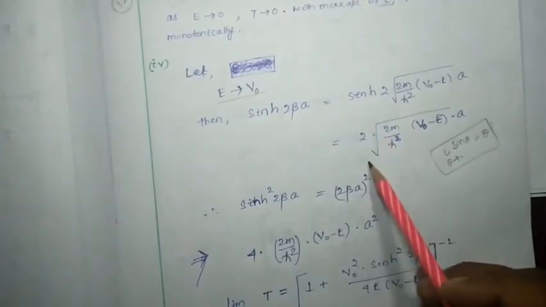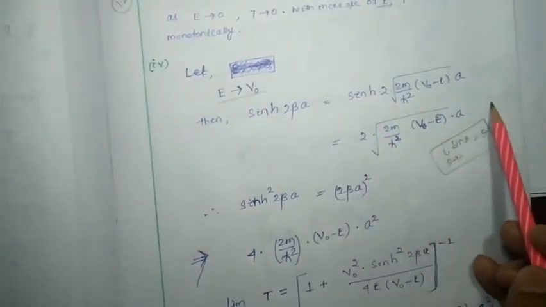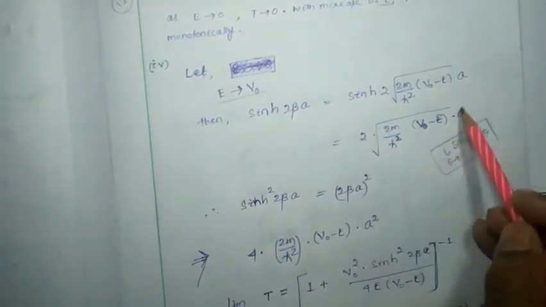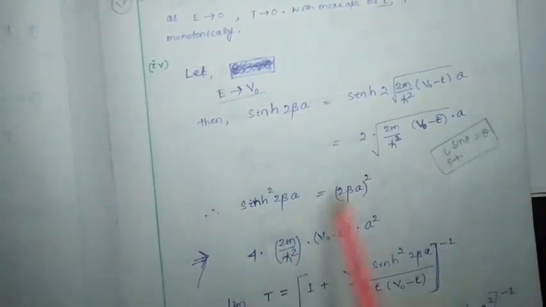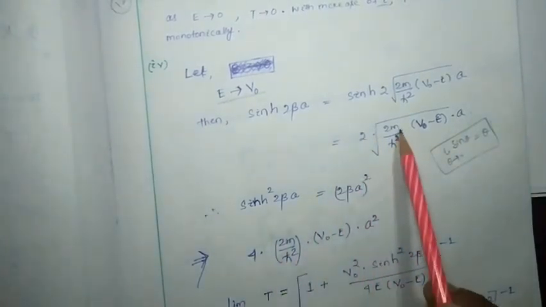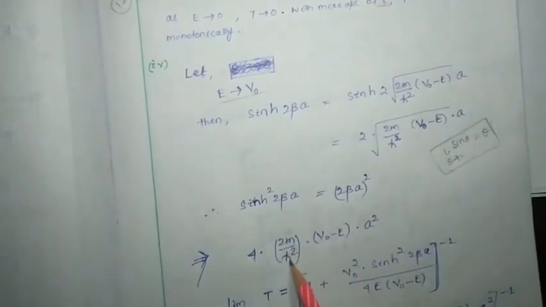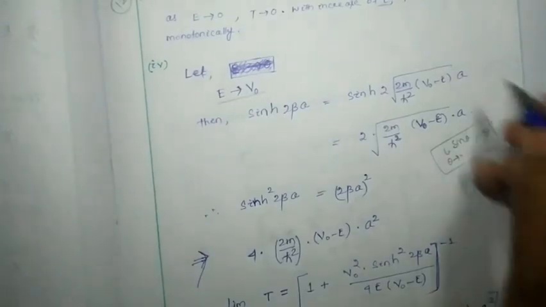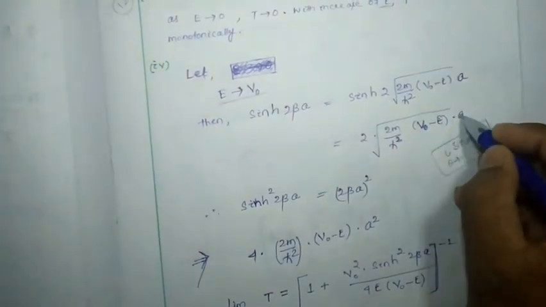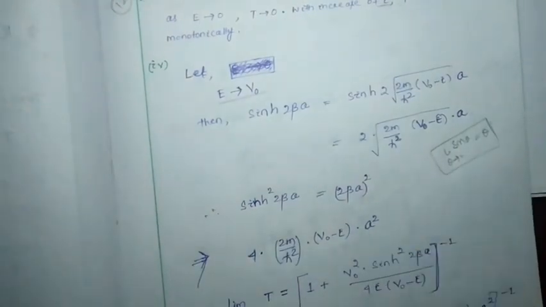That implies the square of this one. If we consider the square of this, it will be 2 squared, 4, and the root over is going to be removed. It will be 4 times 2m by ħ² (V0 minus E) into a². Here a is not inside the root, it is outside the root, so it will be a².